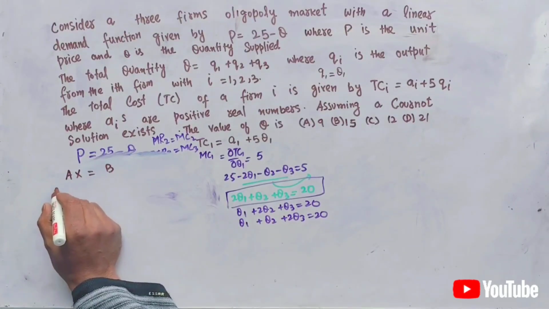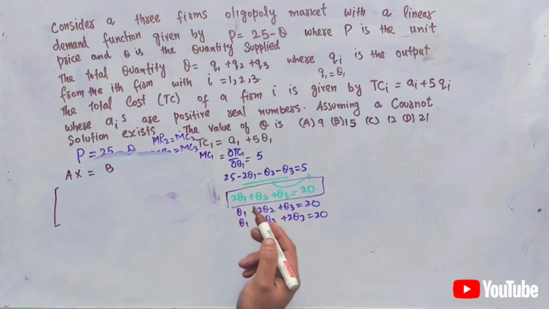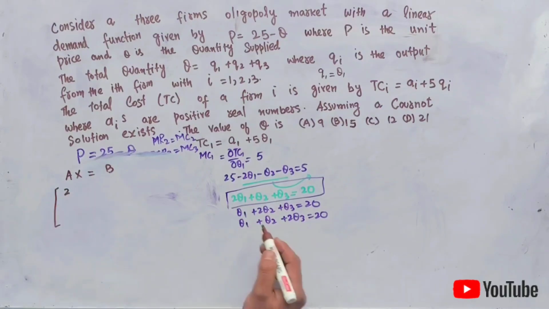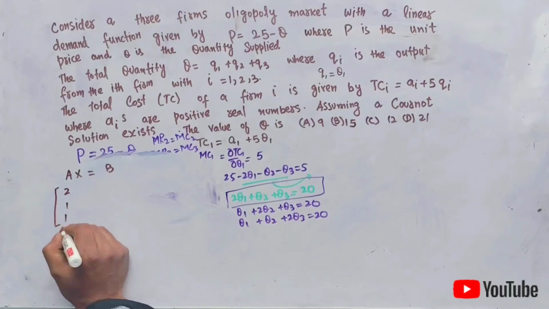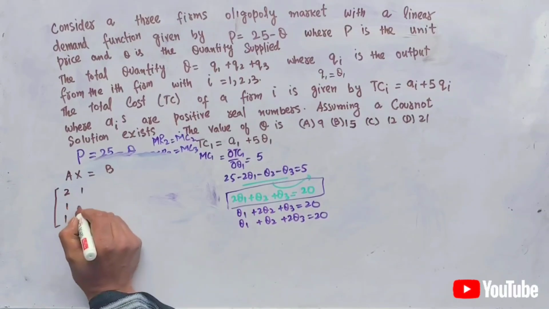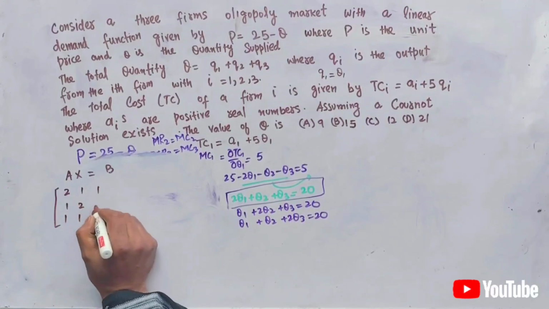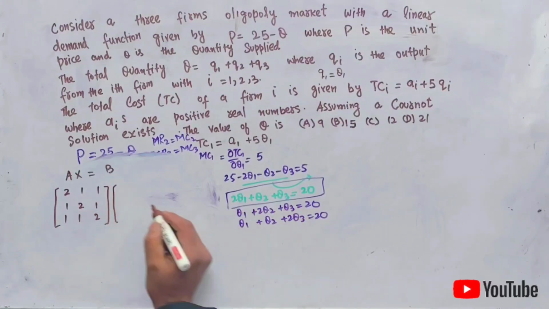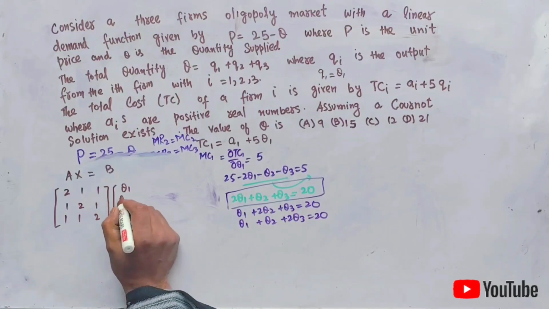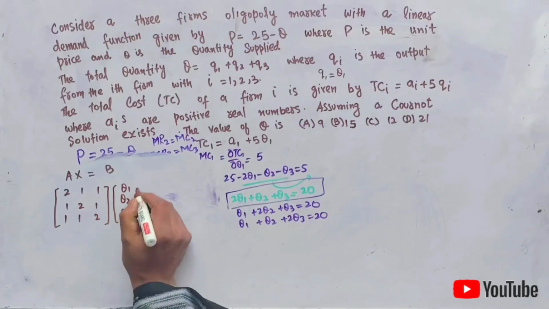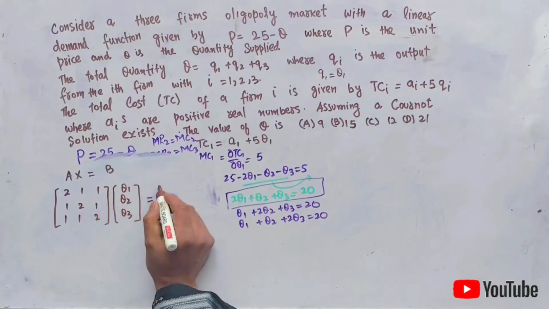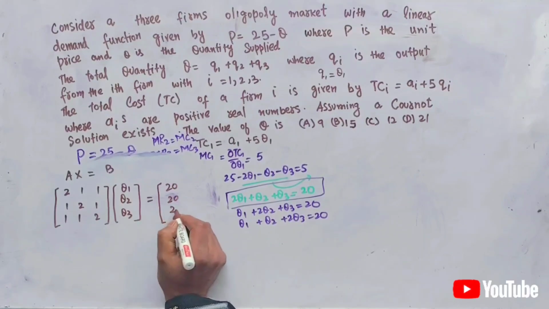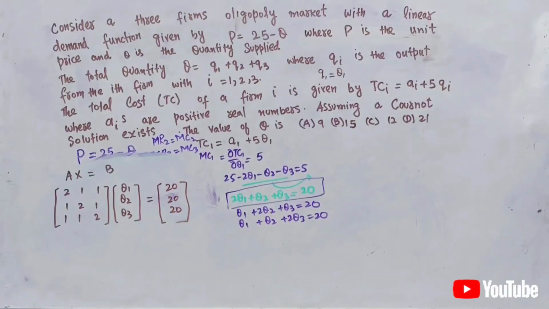So A will be equal to the coefficients of Q1, Q2 and Q3. Coefficient of Q1 is 2 in the first equation. In the second equation it is 1, third it is also 1. Here we have 1, 2, 1, then we have 1, 1, 2. X is what we are supposed to find out, the quantity of Q1, Q2 and Q3. And B is the vector of constant terms, that is 20, 20, 20. Okay, this is the matrix form.